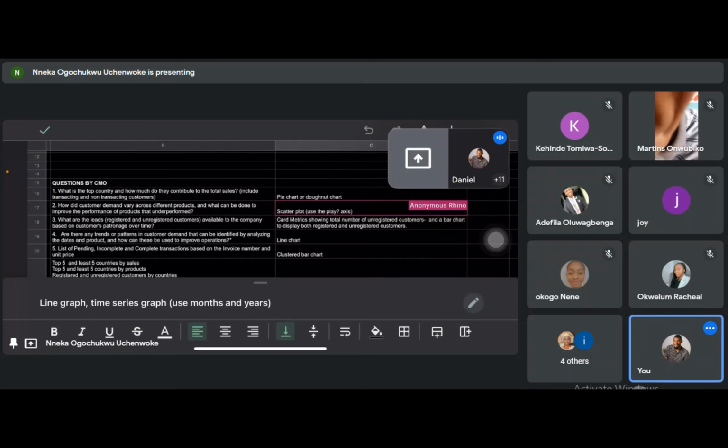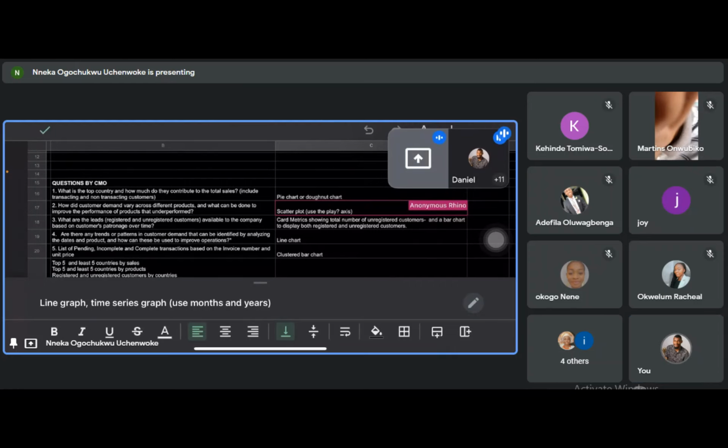If cocoa is giving Nigeria 20 billion naira and oil is giving Nigeria, let's say, 100,000 naira, then coffee is giving Ghana 20 billion cedis, and let's assume plastic is giving them 100,000 cedis.